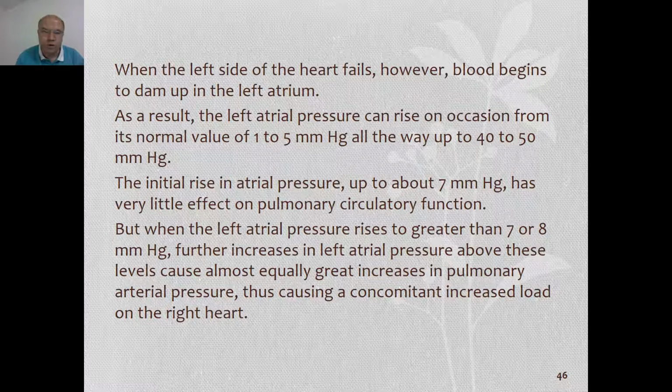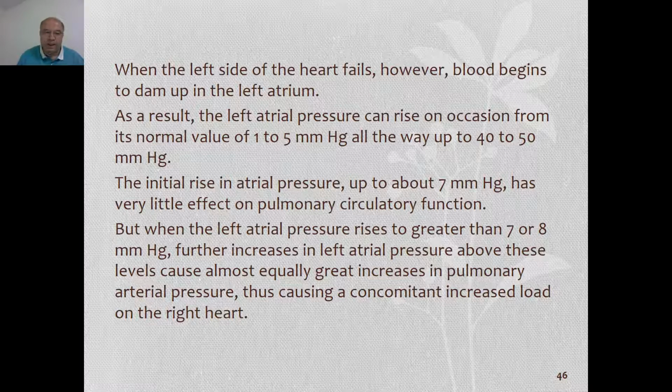When the left side of the heart fails, however, blood begins to dam up in the left atrium. As a result, left atrial pressure can rise on occasion from its normal value of 1 to 5 mm mercury all the way up to 40 to 50 mm mercury. The initial rise in atrial pressure up to about 7 mm mercury has very little effect on pulmonary circulatory function.